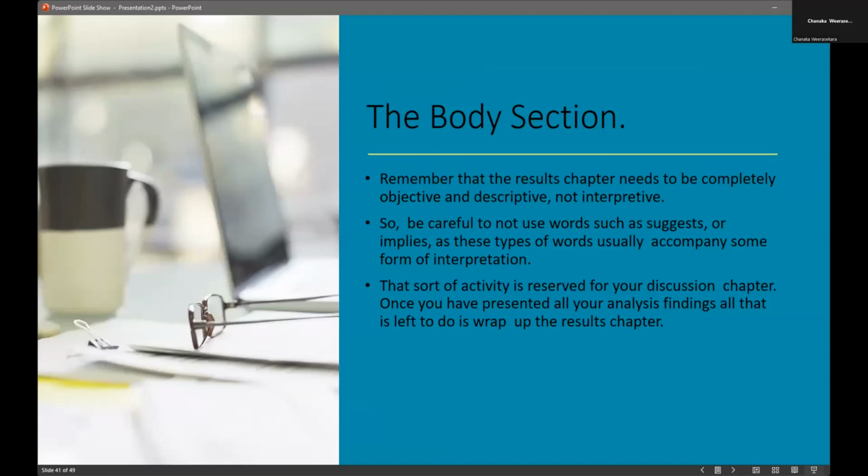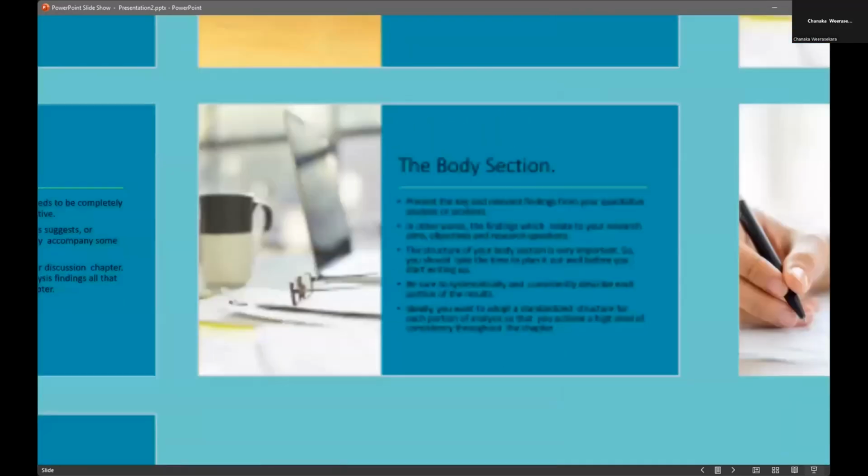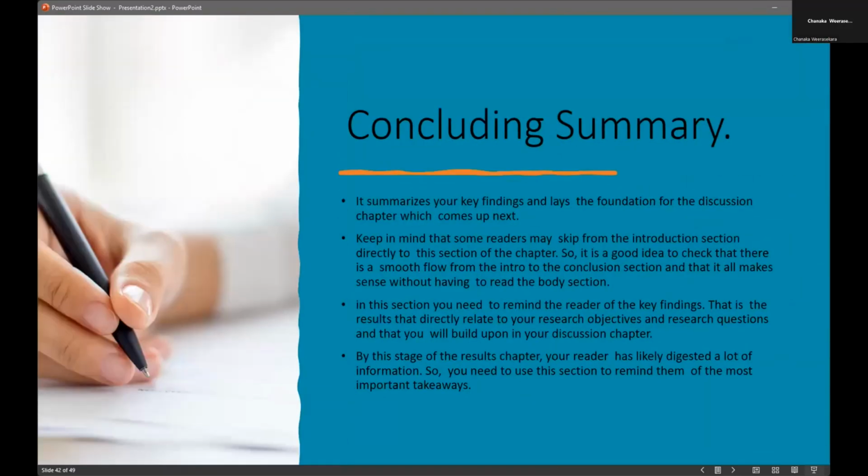We should not use those words, especially in qualitative research, in the results chapter. Those words can be used in the discussion chapter, but not in the results chapter. So that's the idea about the body section. Then you can conclude it with the concluding summary, as I mentioned.